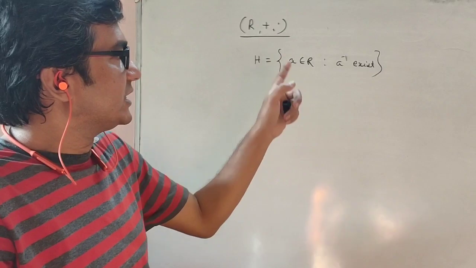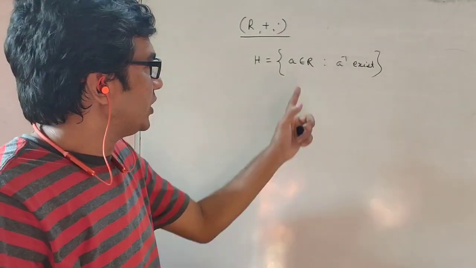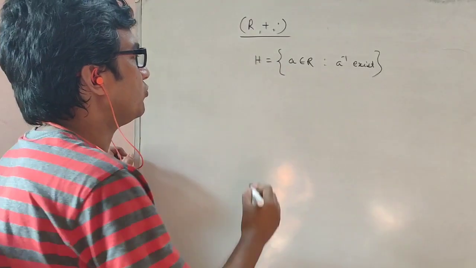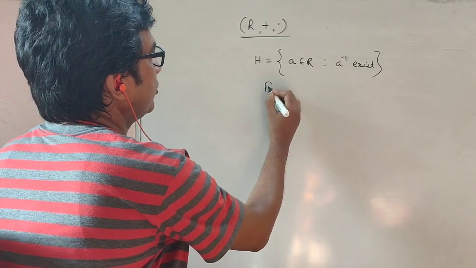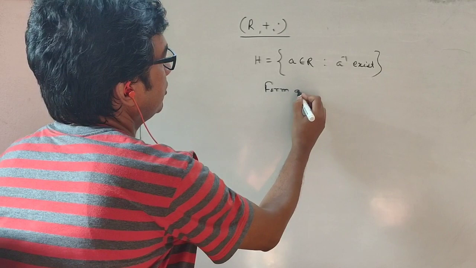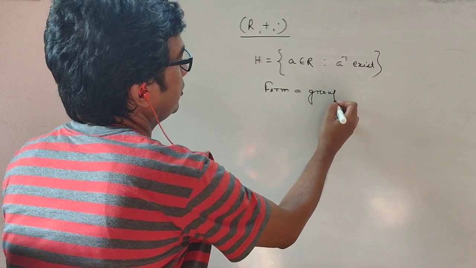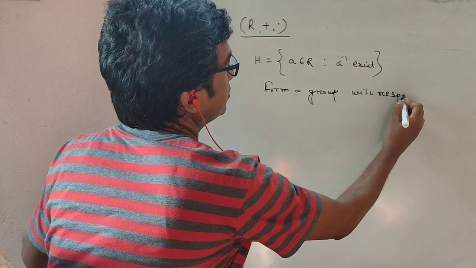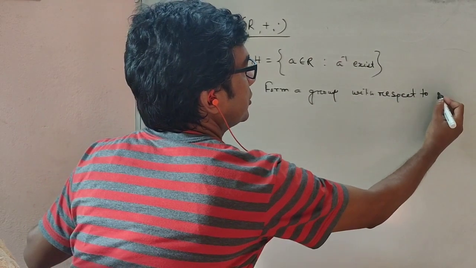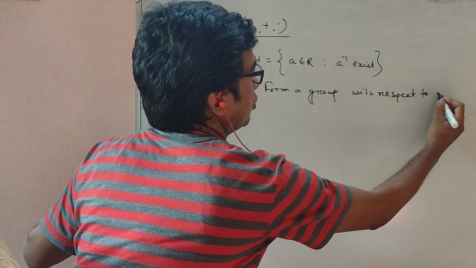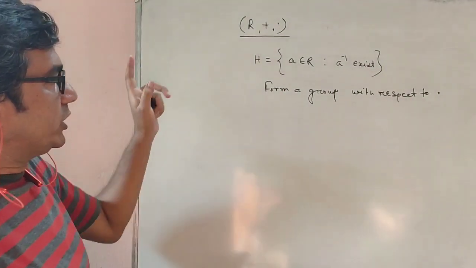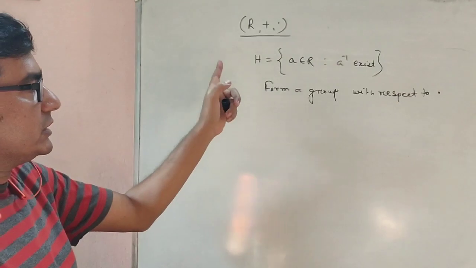Then we can prove that this set must form a group with respect to dot. Now we prove this.